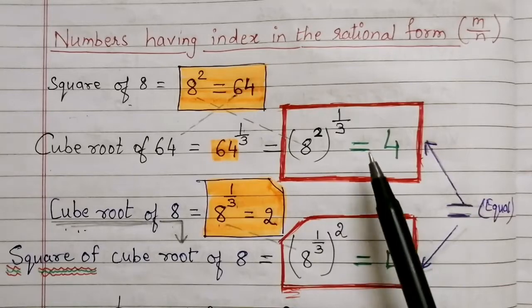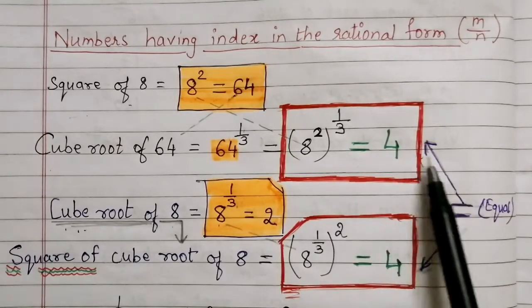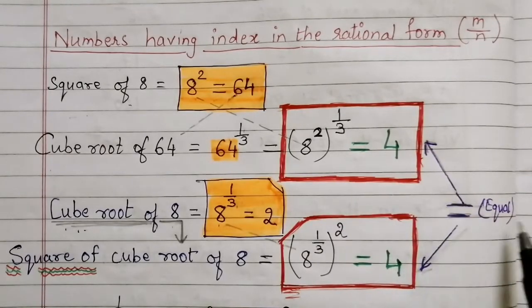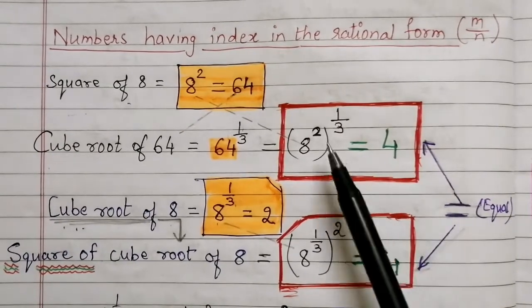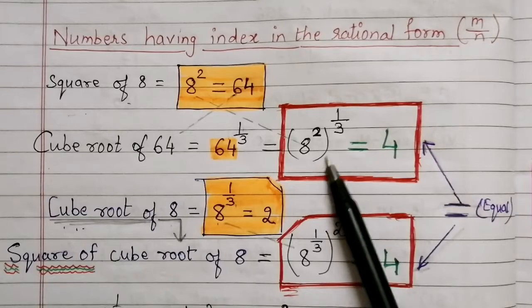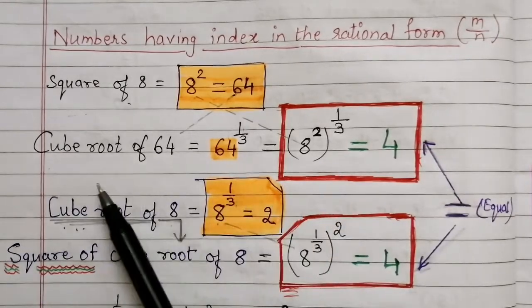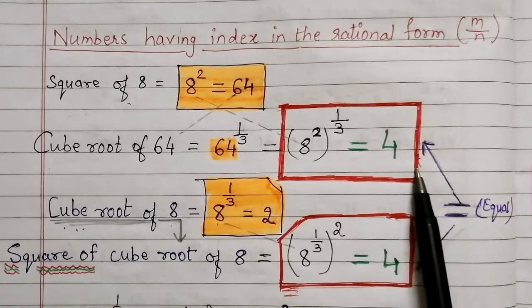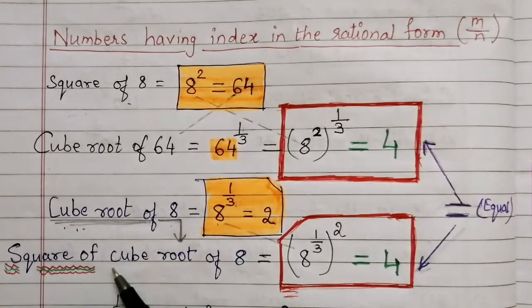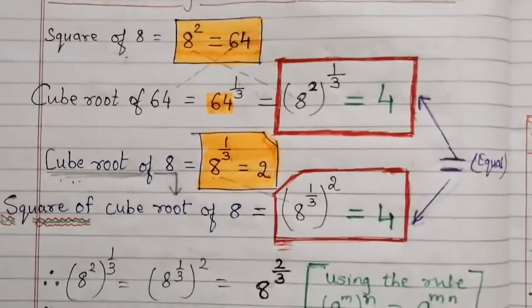So now you see here both have equal values. Whether we write the cube root of 64, that is 4, or we write the square of cube root of 8, the values are equal. Let us understand it more clearly.